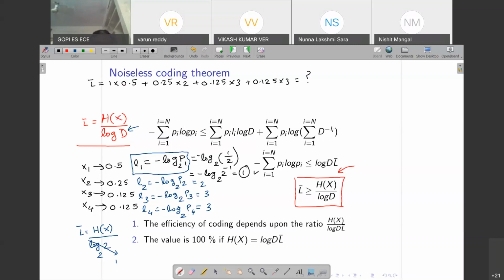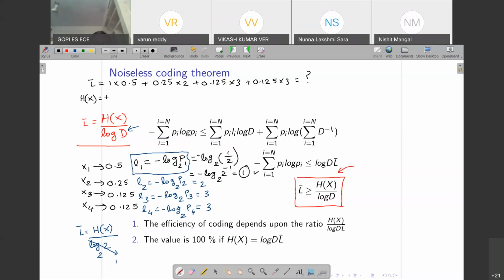Log 2.5 minus 0.25 log 2.25 minus 0.125 log 2.125 and then minus 0.125 into 0.125, right?